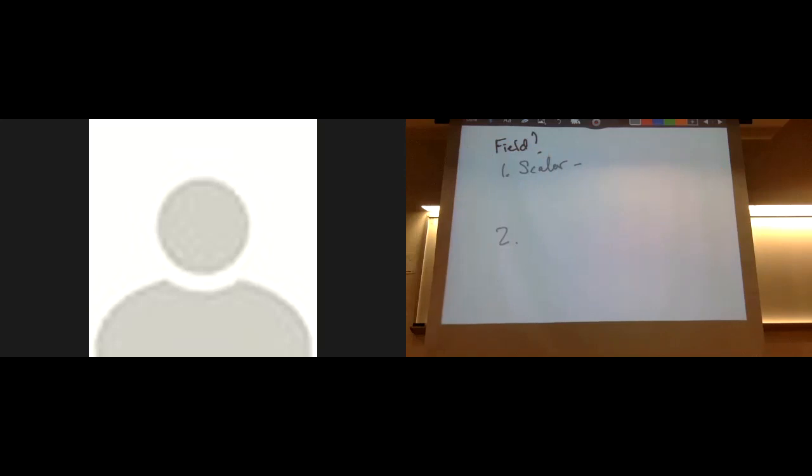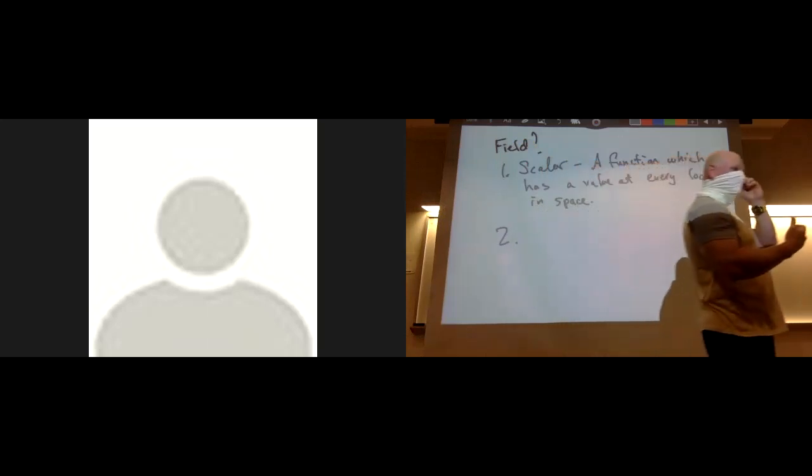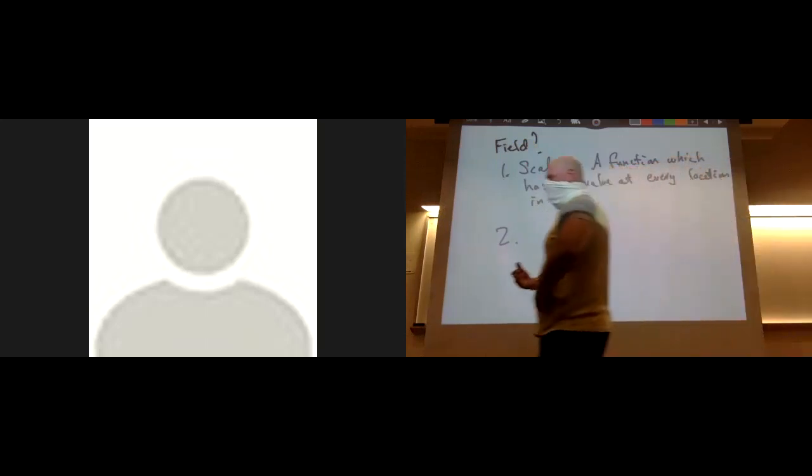So this is a function which has a value at every location in space. So to know what the value of the function is, I have to know where I am. So for different locations, I have different values of this function.